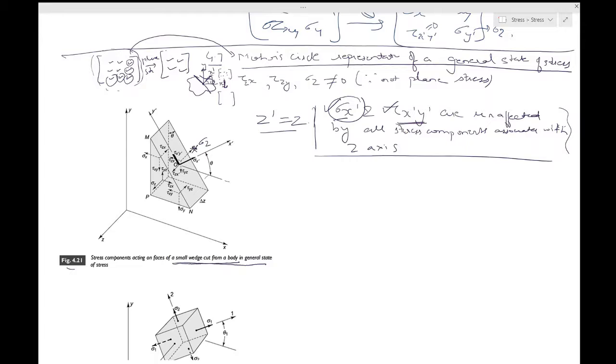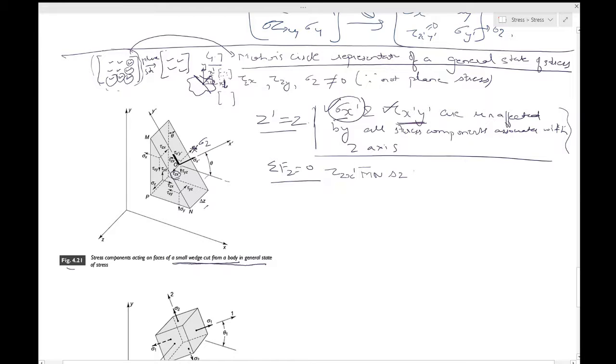The summation of all the forces in the z direction must be 0. So let's start with the inclined plane first. This would have tau zx' into the area, MN, multiplied by delta z. This is delta z.